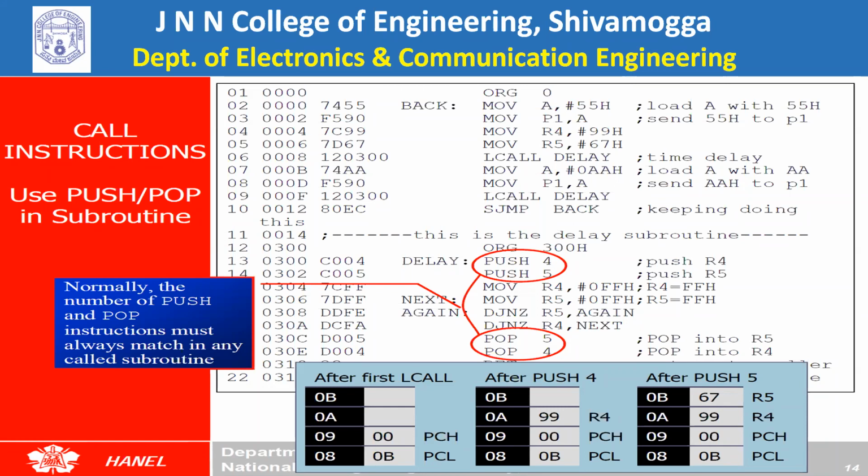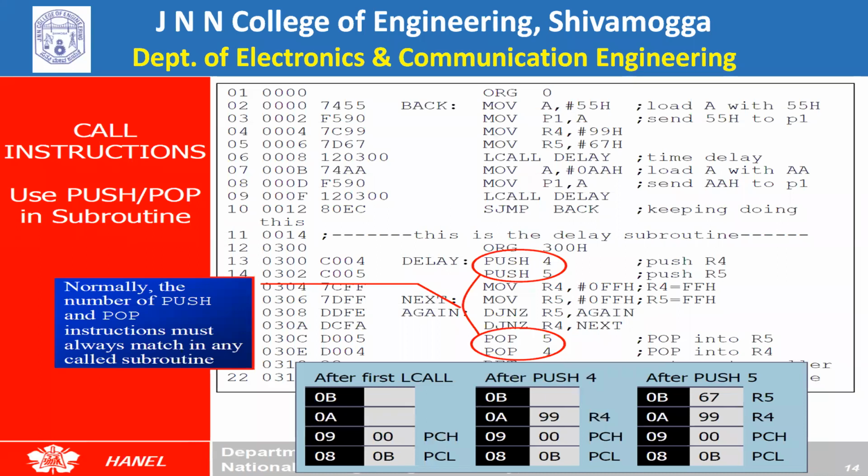PUSH 5 is nothing but push R5. So you are pushing 67. Now 67 is on the top of the stack, which is the content of R5.